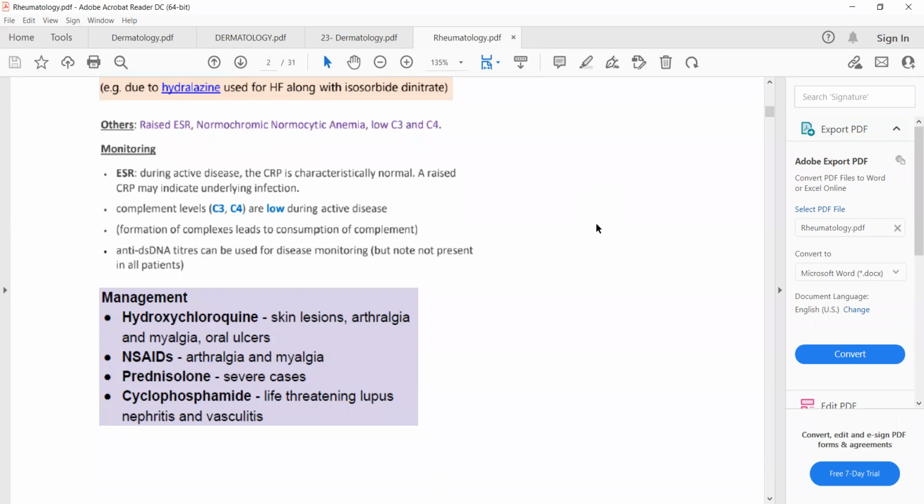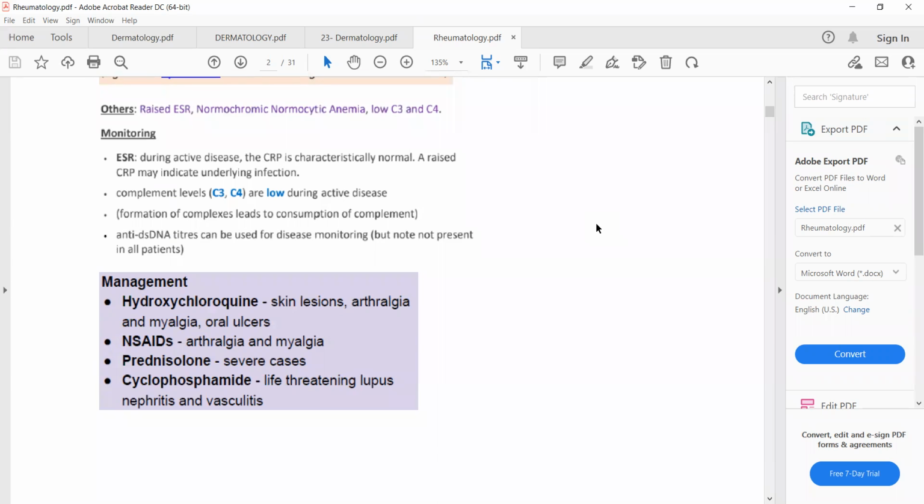In more severe cases, prednisolone or steroids will be used. And if there is involvement of the lungs, such as if the patient has lupus nephritis or any vasculitis, then cyclophosphamide will be used in the management of SLE.